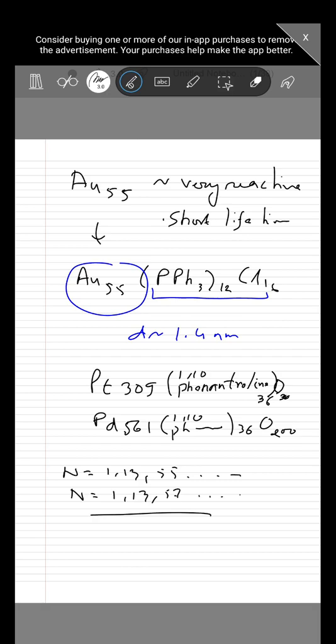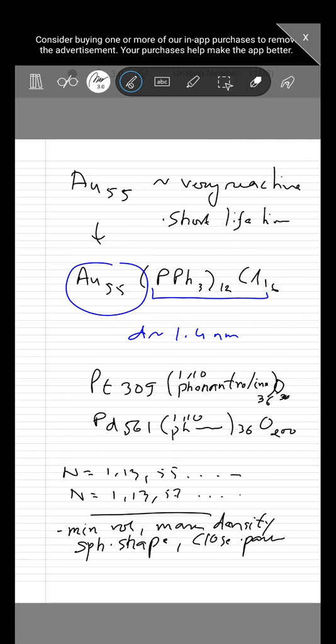These magic numbers arise because of minimum volume, maximum density, approximate spherical shape, and close-packed structures. So this is the reason we get these numbers. Please do the assignment on finding the expression of N and the number of layers, small n, for an HCP.